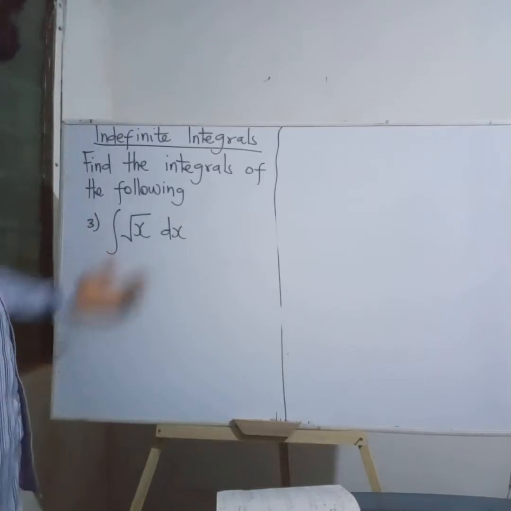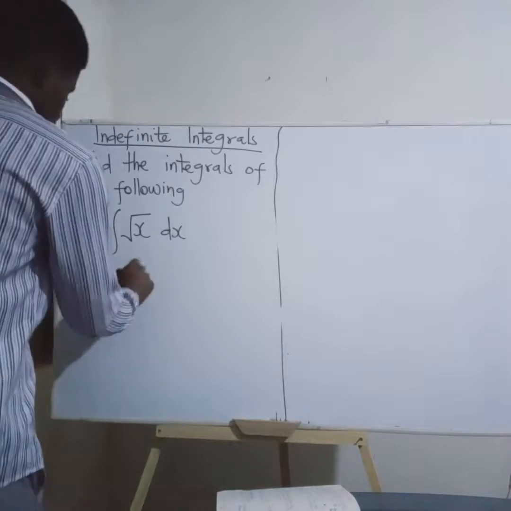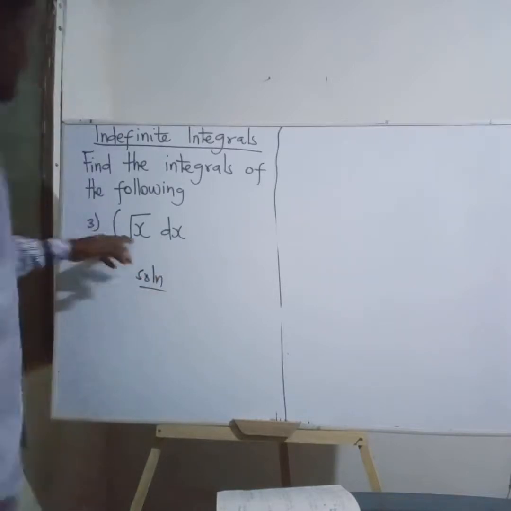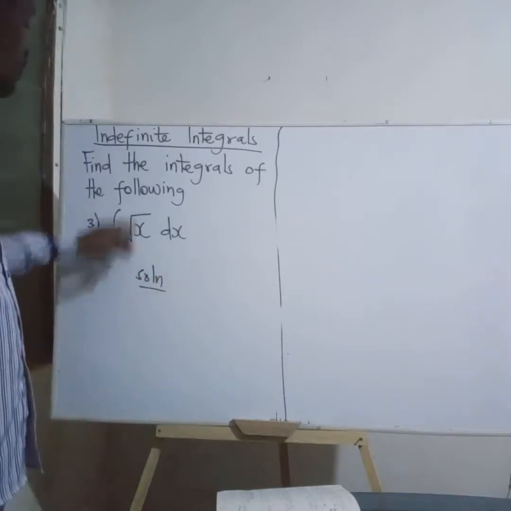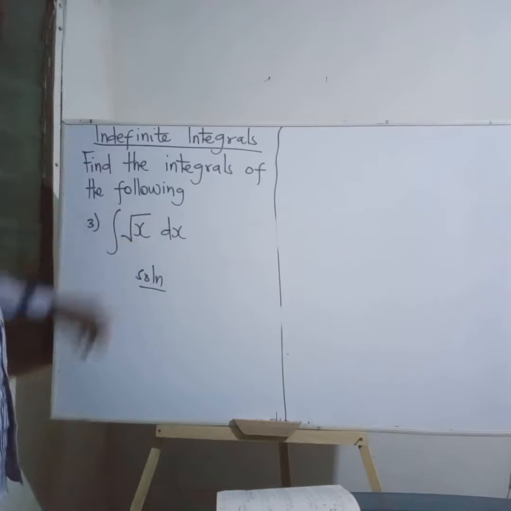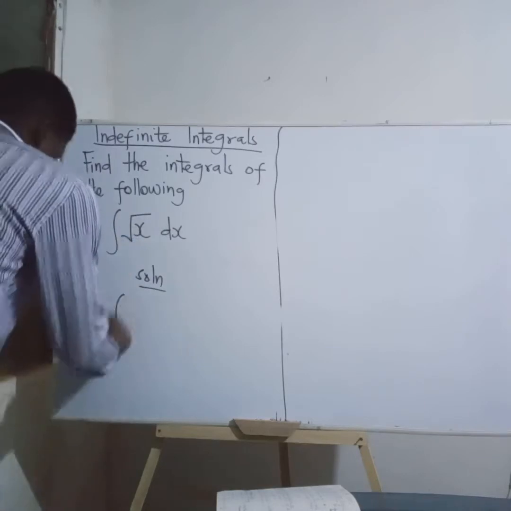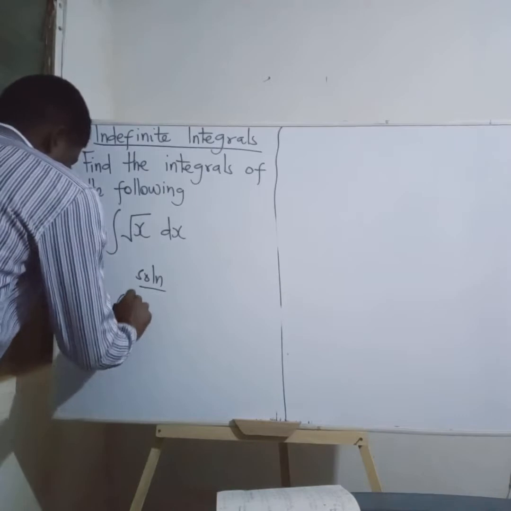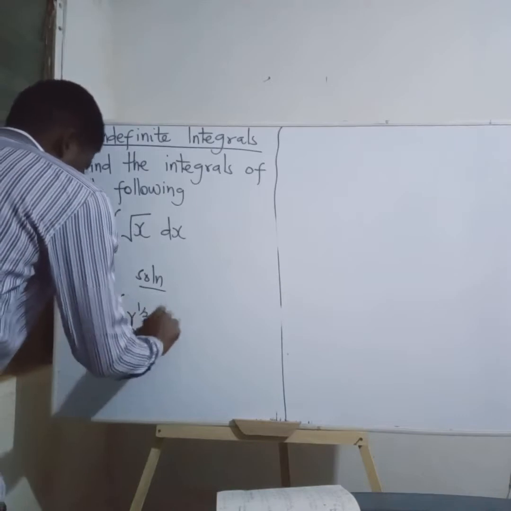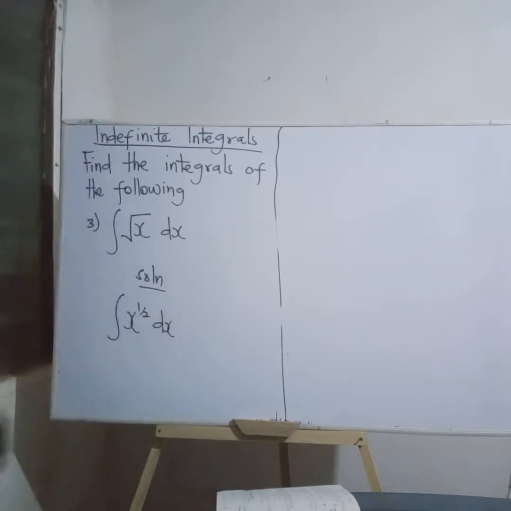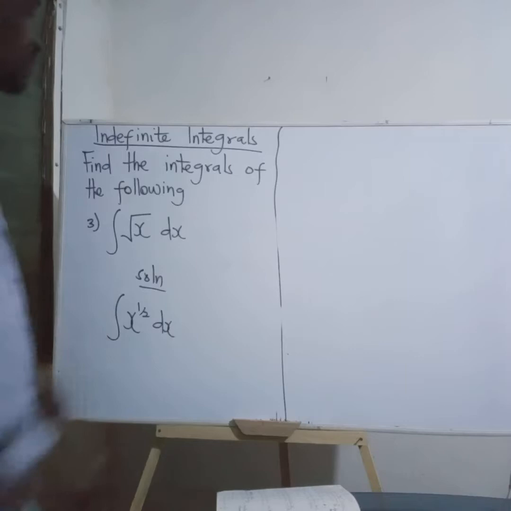We have to integrate this. Solution. Before we can integrate this, we need to remove the square root sign from the x. And we will have x to the power half dx. So now that the square root has been removed, we can now integrate. And I hope you remember the rule of integration of this form.